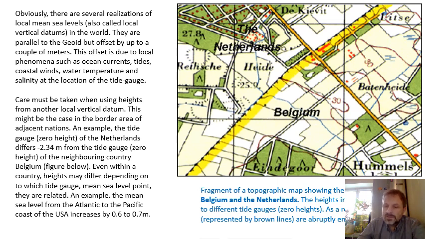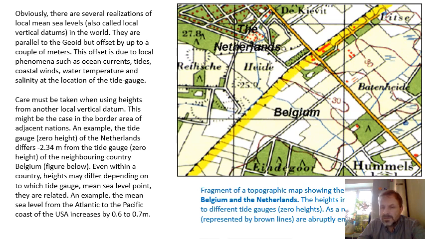In the picture right here, even within a country, heights may differ depending on which tide gauge mean sea level points they are related to. An example: the mean sea level from the Atlantic to the Pacific coast of the USA increases by 0.6 to 0.7 meters.